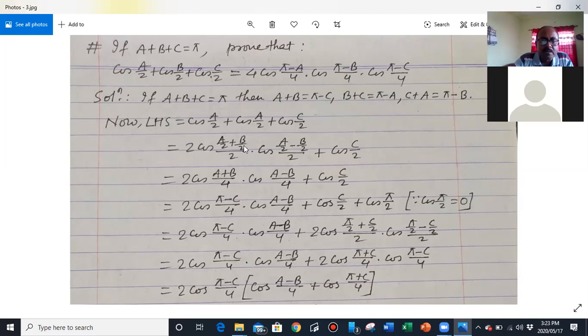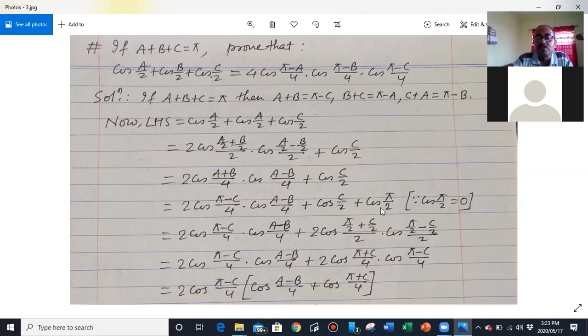If you simplify this angle, it will be (a plus b) by 4. 2 cos (a plus b) by 4 into cos (a minus b) by 4 plus cos c by 2. Now a plus b is pi minus c, so 2 cos (pi minus c) by 4 cos (a minus b) by 4 plus cos c by 2.